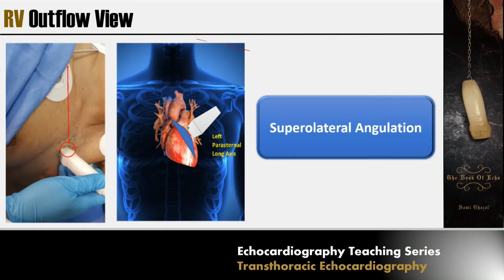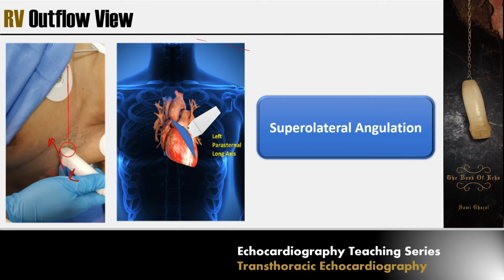So now from the previous view, you have to go back to the left parasternal long axis view by doing superior lateral angulation, just the opposite of the previous maneuver. And then you're going to see the left parasternal long axis. Then you have to do further superior lateral angulation by pushing the probe downward and medial.